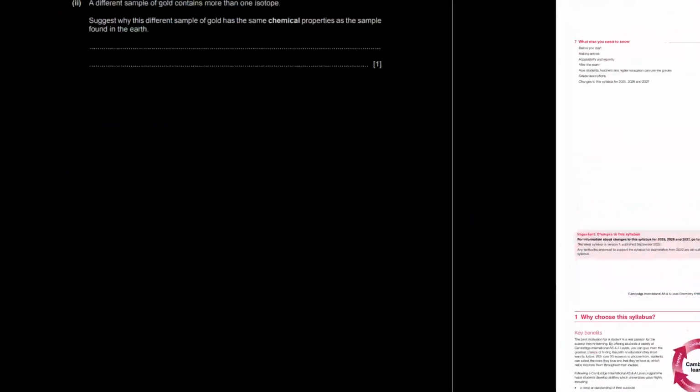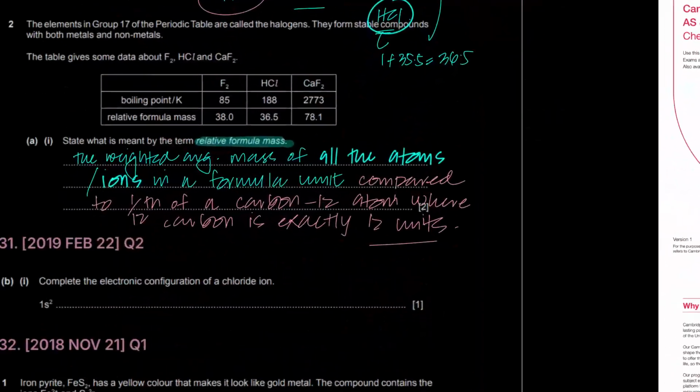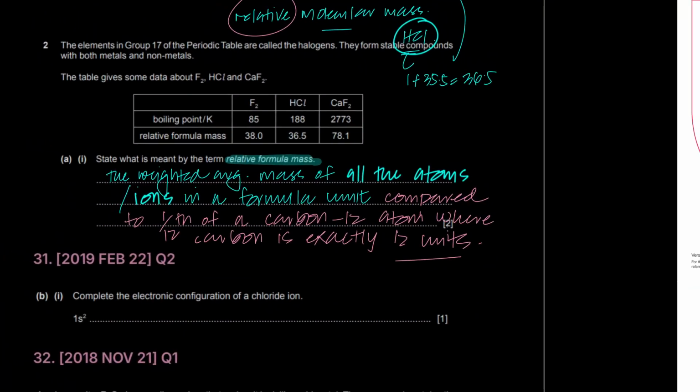So if they ask what is meant by the term relative formula mass, I can also define it as the weighted average mass of all the atoms or ions in a formula unit.